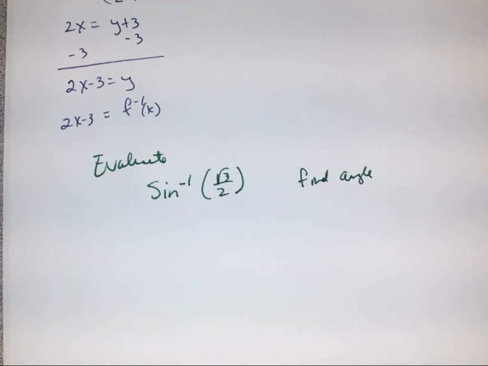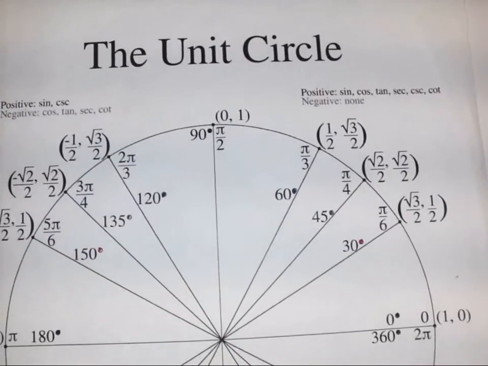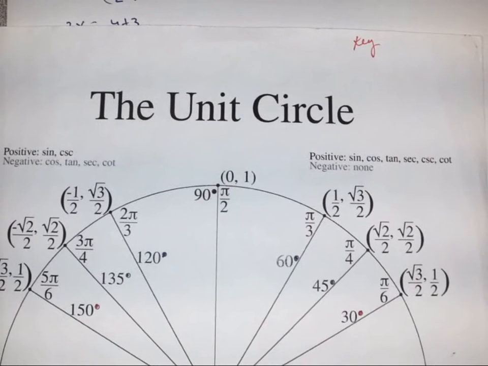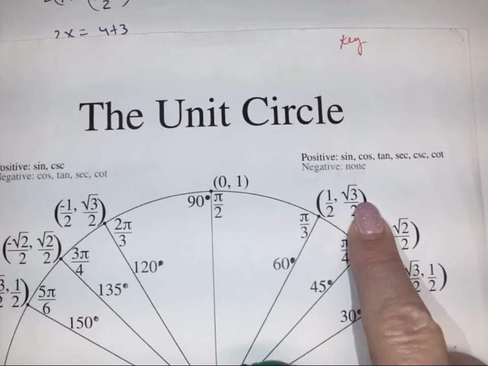And remember that angle is between negative pi over 2 to pi over 2. Well, we can find this from our trig functions on our unit circle. If we go look for the sine value, square root of 3 over 2, where does that land us in quadrant 1? We're looking for the y value. That's going to be up here, the square root of 3 over 2.